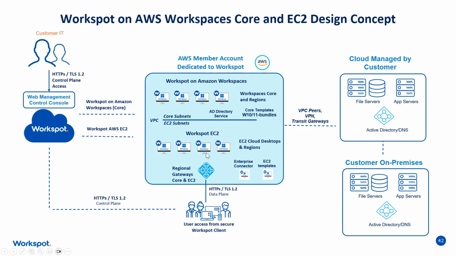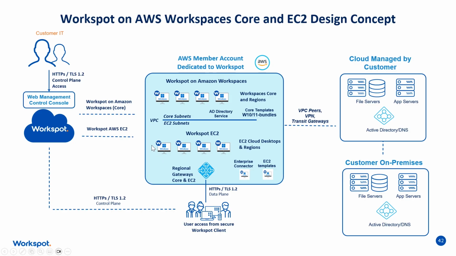So the core desktops and the EC2 desktops all come through the same gateways. But what's different here is Workspot control actually has a connection into the EC2 layer as well. That way, simultaneously, we can support both. And again, the same networking applies, and you're using the Workspot client to do the connectivity to that.